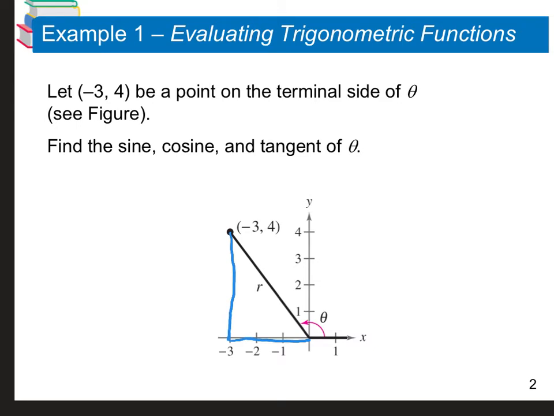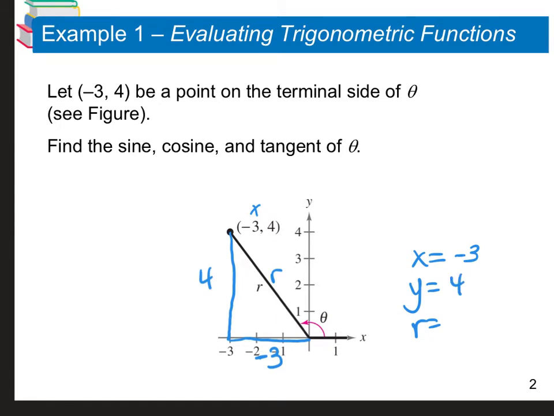They gave me that the y value is 4, the x value is -3, so I have to find r, the hypotenuse. This is what I expect you guys to do: x equals, y equals, r equals. X is -3. Y is 4. I'm going to find r.